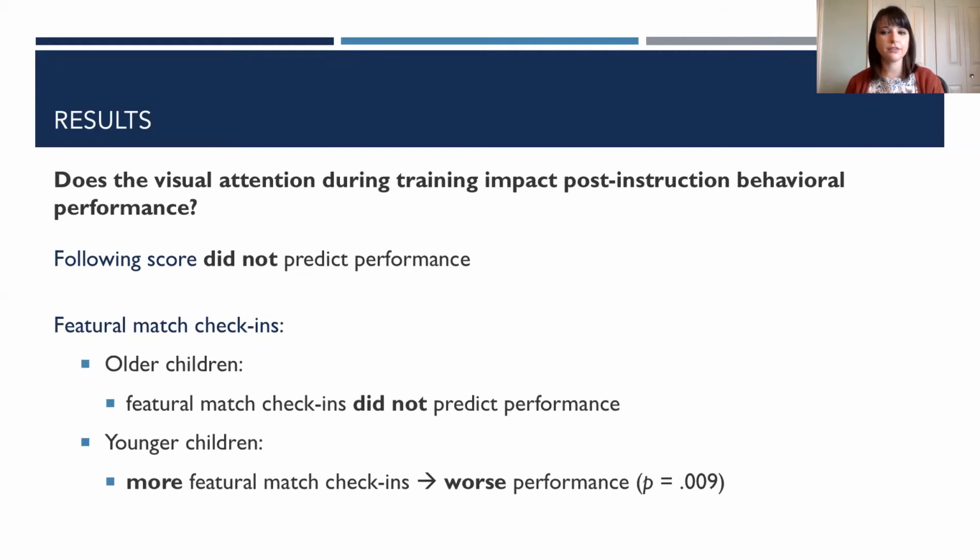Check-ins were negatively related with their success on that final problem. This suggests that gesture's ability to direct attention away from the featural match and disambiguate the meaning of their speech is the critical factor in impacting analogical understanding for these younger children.